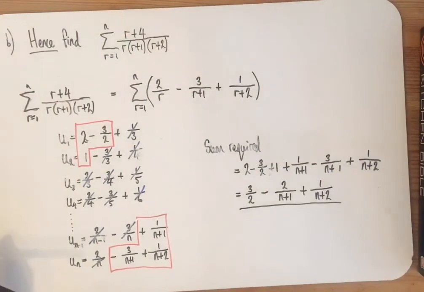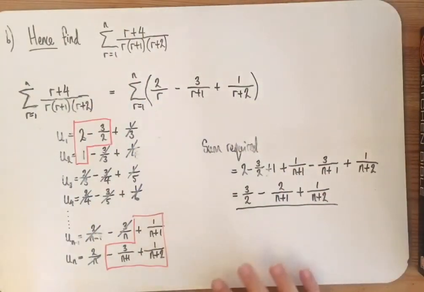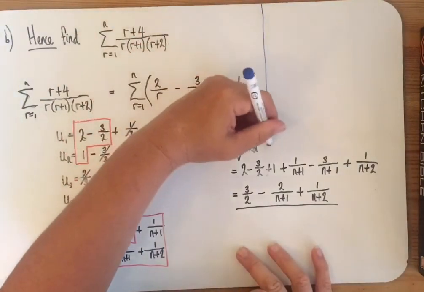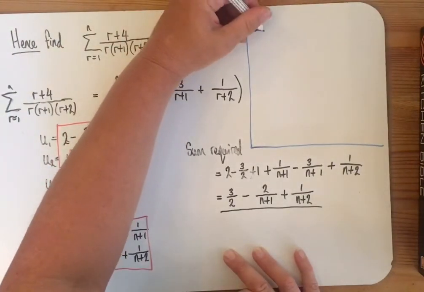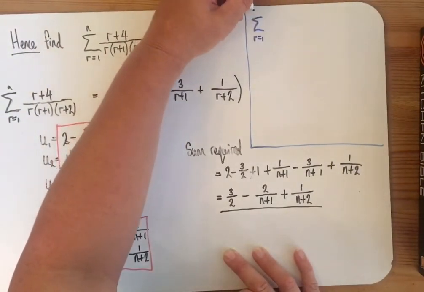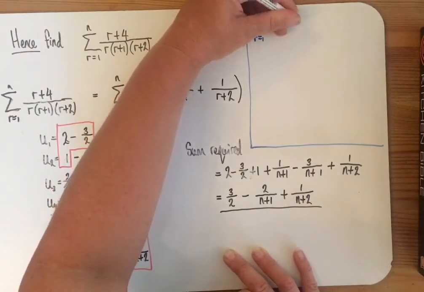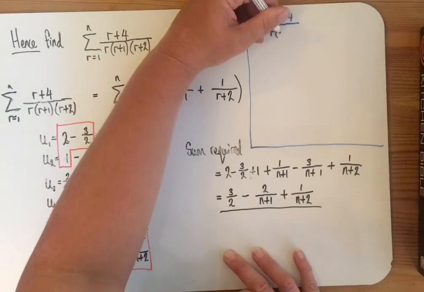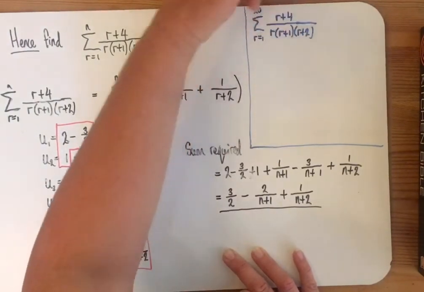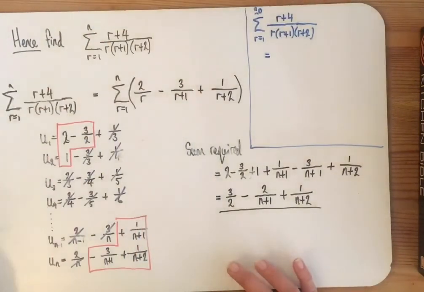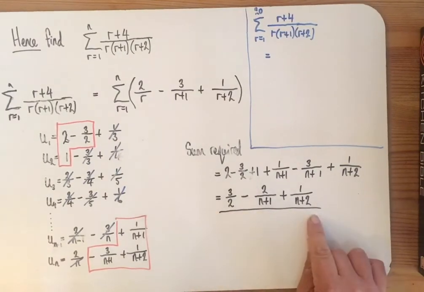So for instance, I might squeeze this onto this board actually. I'll pop it up here in a different colour. So if you want the sum from r equals 1 to 20 of r plus 4 over r plus 1, r plus 2, then I can just substitute in n equals 20 into this result now.